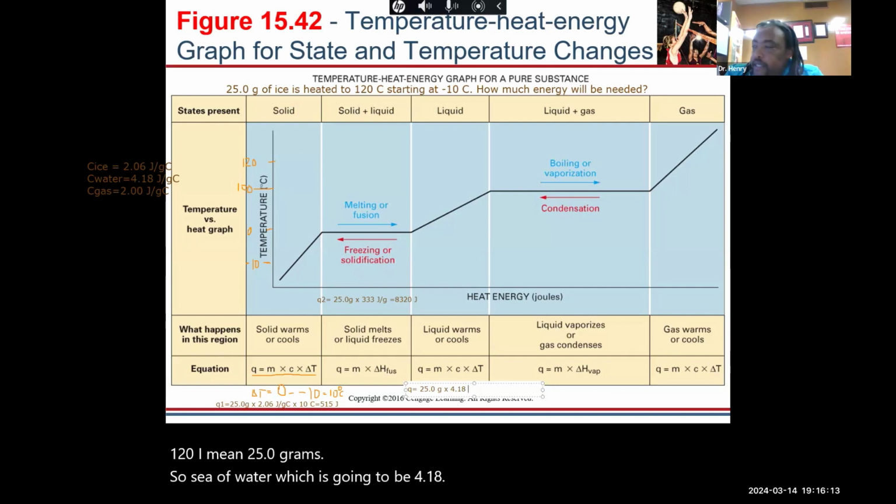And so our delta T in this case is going to be 100 minus 0, which is just going to be 100 degrees. And then that's going to give us our value for our Q3.